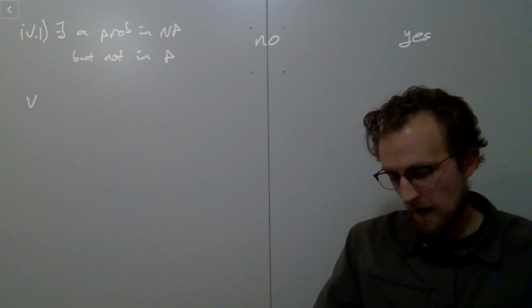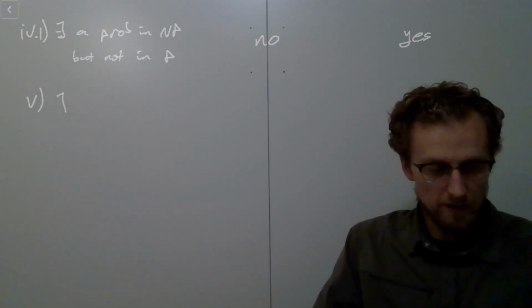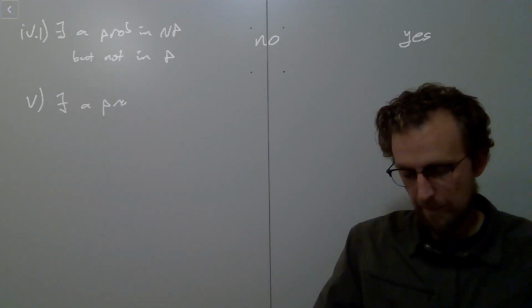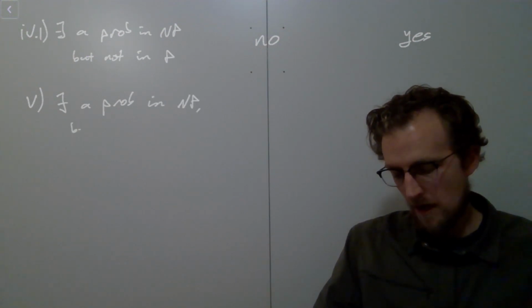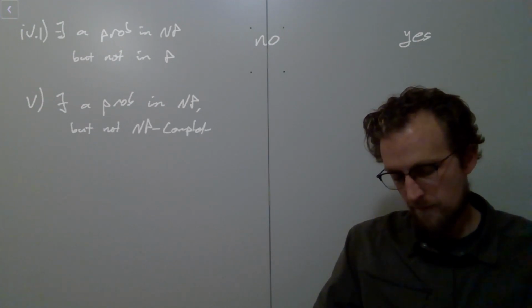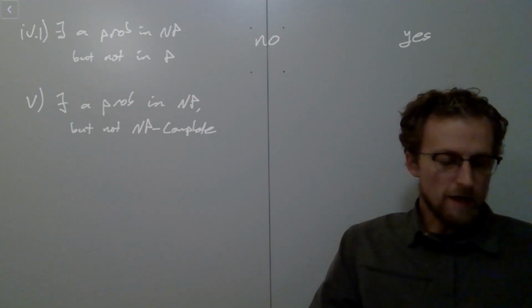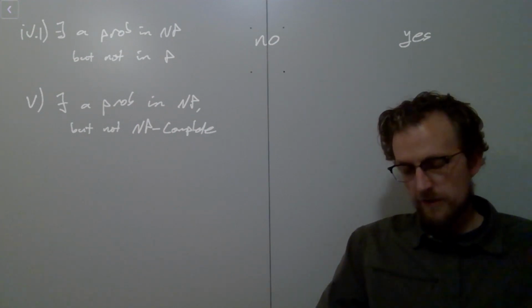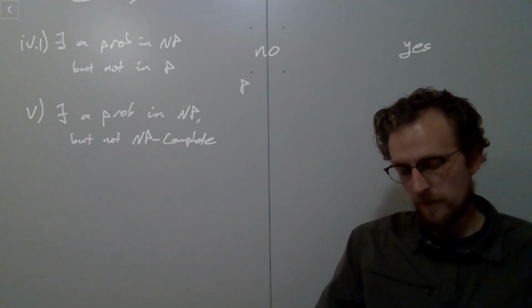So problem 5 says there exists a problem in NP, but not NP complete. All right, so if P and NP coincide, so if P equals NP, here, let me just remind you which ones of these are which.